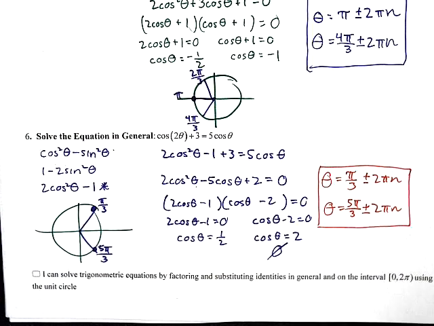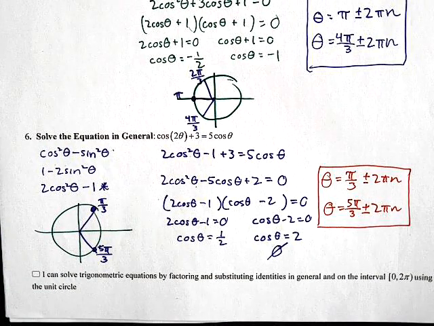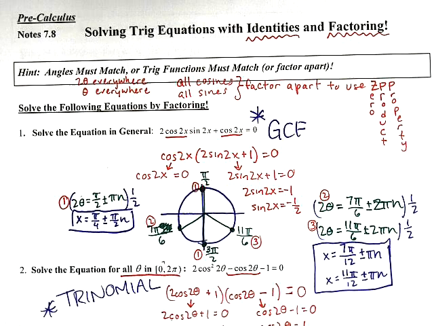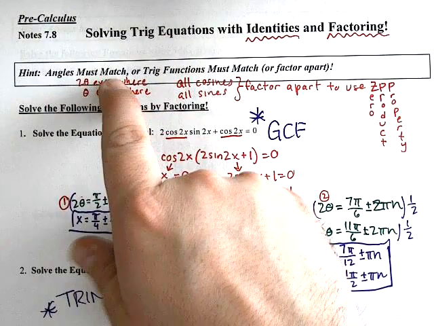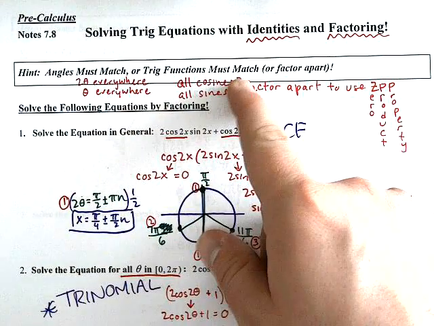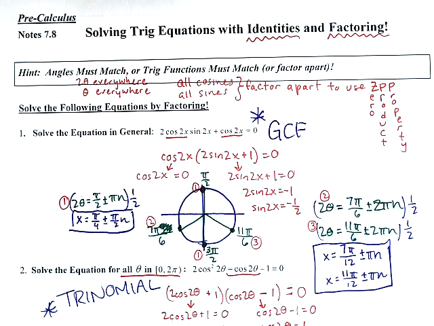Alright, so these problems, not the simplest things to do. Things you need to be on the lookout for. Angles must match, trig functions must match, or at least be able to factor apart. Right?